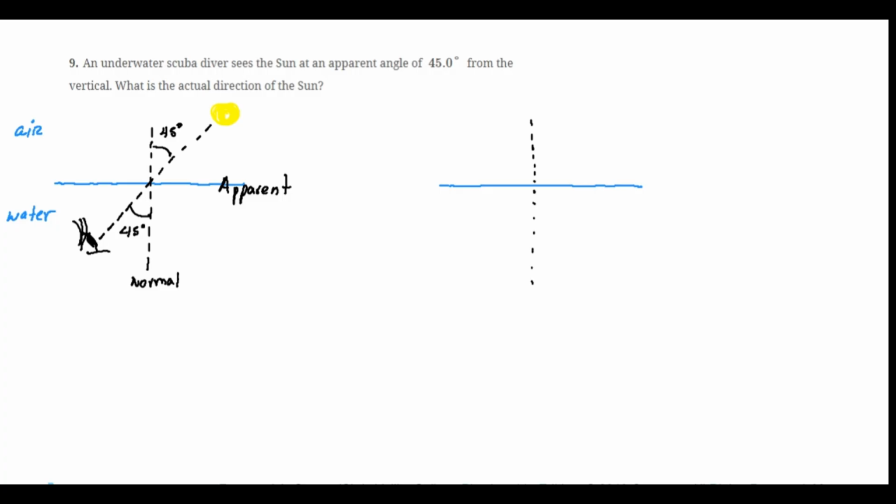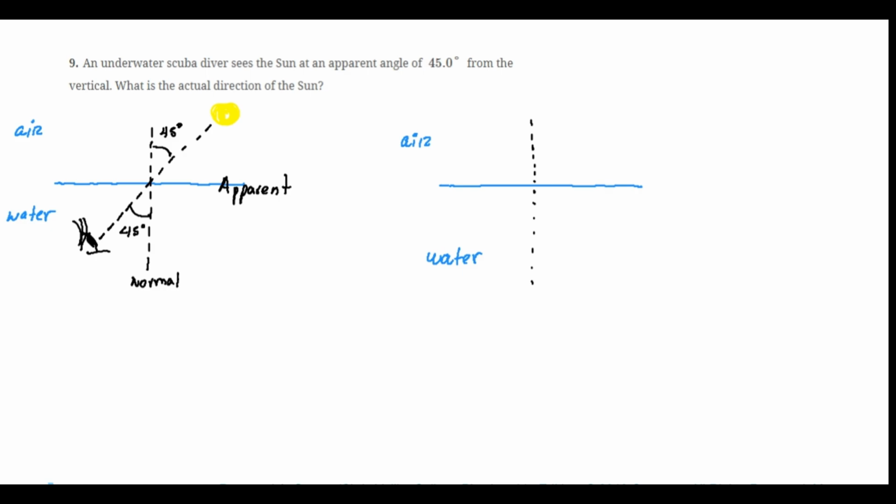So the incident ray, when it's refracted, as below we have water with a higher index of refraction, needs to move toward the normal, right?